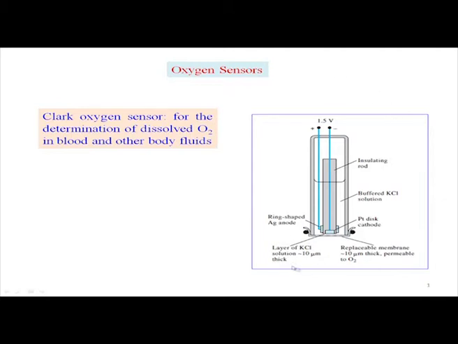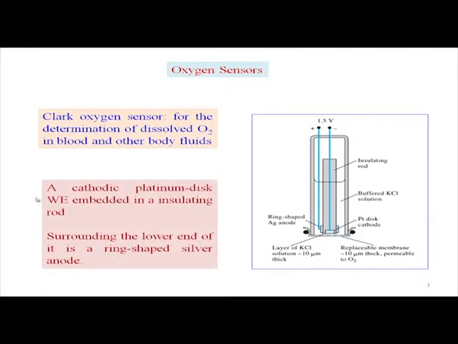This is a very simple fabrication for that electrode: you simply dip it and measure the current due to the reaction of the O2 reaching the cathode. You have a platinum disc cathode, which is your WE, the working electrode, embedded in an insulating rod, as we just discussed. Keep that in mind. Surrounding it at the lower end is a ring shaped silver anode.